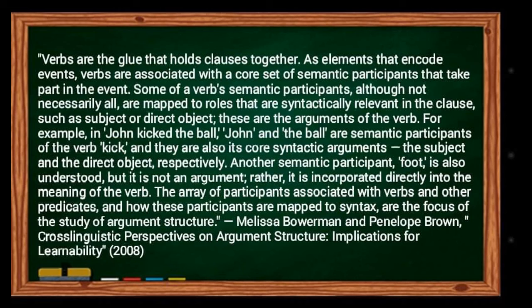Rather, it is incorporated directly into the meaning of the verb. The array of participants associated with verbs and other predicates, and how these participants are mapped to syntax, are the focus of the study of argument structure. According to Melissa Bowerman and Penelope Brown, Cross-Linguistic Perspectives on Argument Structure: Implications for Learnability, 2008.